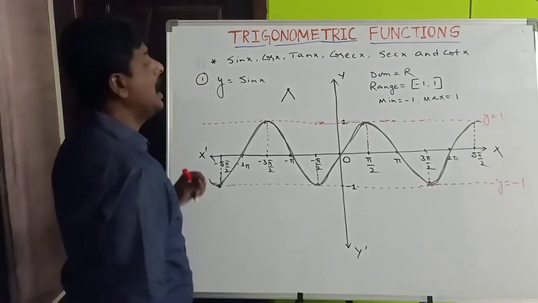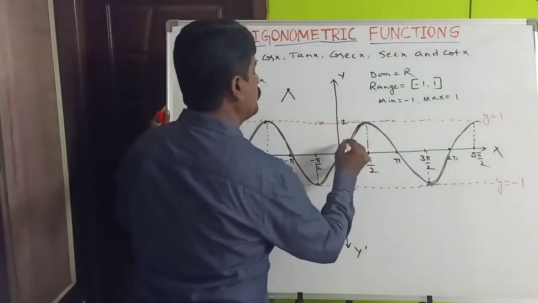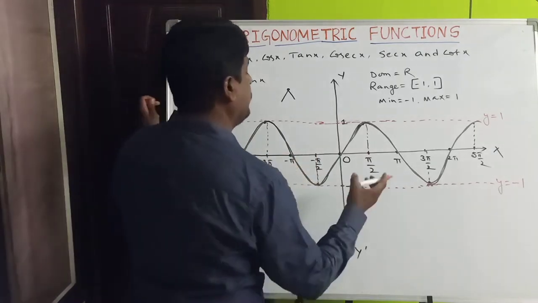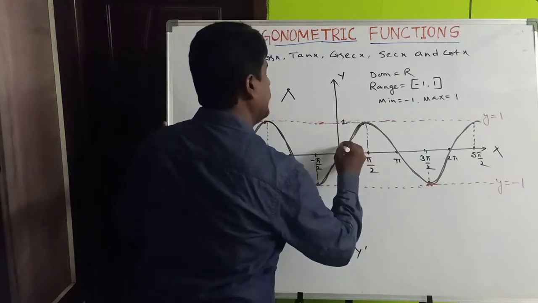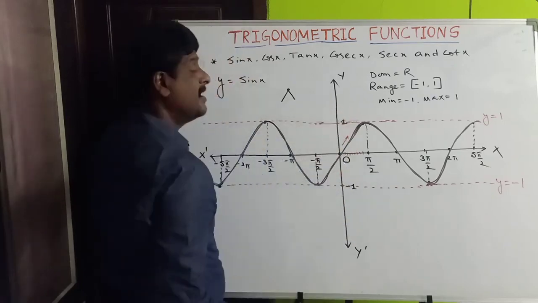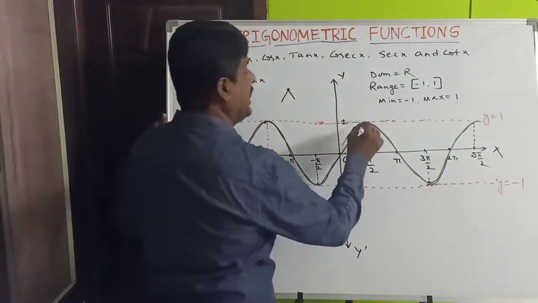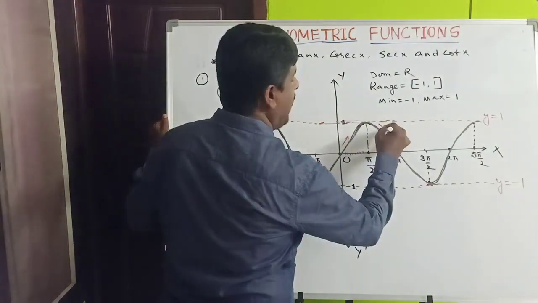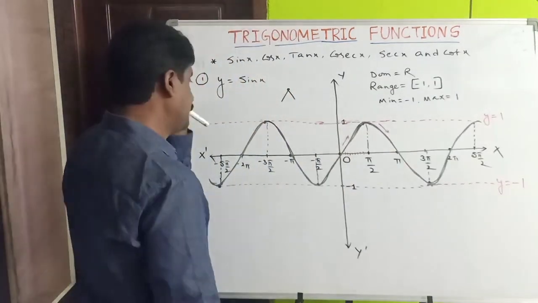And also observe the increasing decreasing nature. From 0 to pi by 2, it is an increasing function, because as x values are increasing, corresponding f of x values are also increasing from 0 to 1. After reaching maximum height, again it takes a turn, pi by 2 to pi. As x values are increasing, corresponding y values are decreasing.